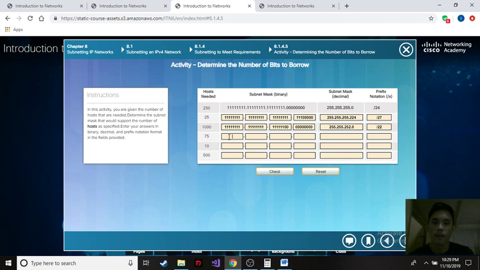So the next host needed will be 75. So we'll just repeat the process. We'll just find the host greater than 75 but not less than it.